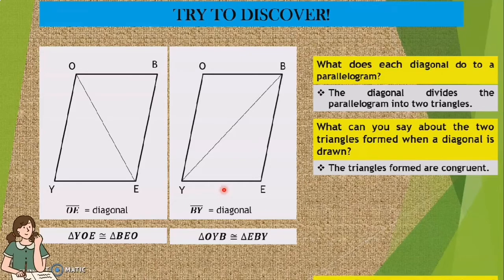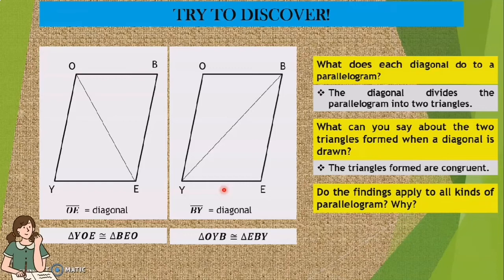Let us proceed to the last question. Do the findings apply to all kinds of parallelogram, and why? Yes, the answers to the given questions show the conditions that guarantee that a quadrilateral is a parallelogram. Now, I think that you're ready for the next activity.